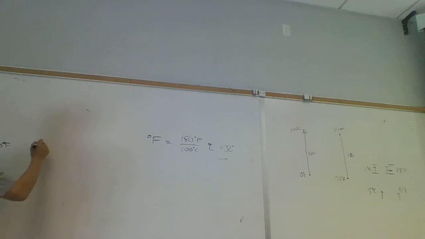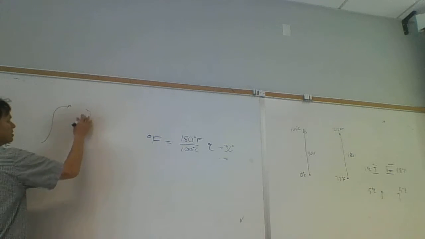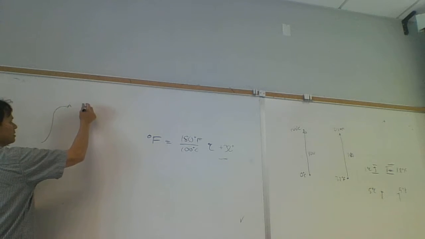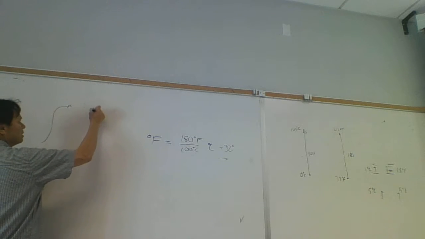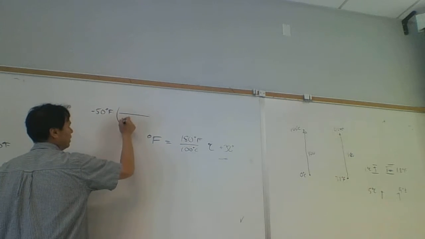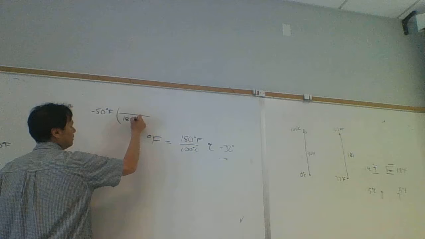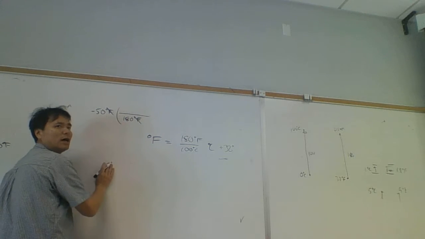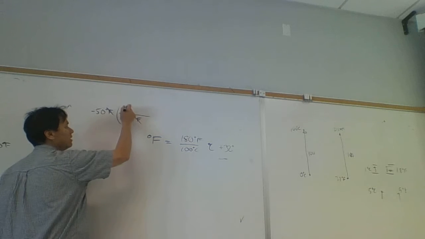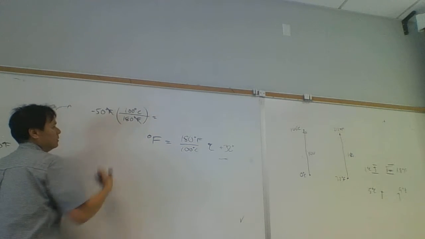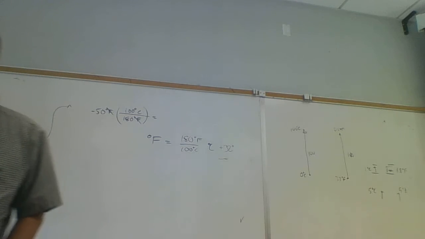For delta T's here, we have two ways we could solve this. One way we could solve this is just using dimensional analysis. If we use dimensional analysis, then this works. It's a minus 50 degree Fahrenheit change. And then we know that for every 180 degrees Fahrenheit, this is dimensional analysis, we want to cancel out the degrees Fahrenheit. For every 180 degrees Fahrenheit, we have 100 degrees Celsius. And so what would the change here be?